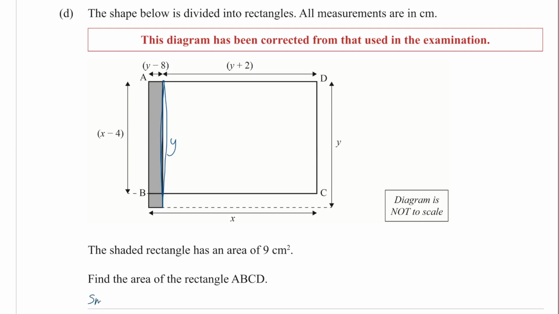So we could say small rectangle, or if you want to be extra fancy, we could introduce letters E and F. And so rectangle ABEF. Let's just change the order. Because I'm making up these letters, I can do what I want. So rectangle ABEF.